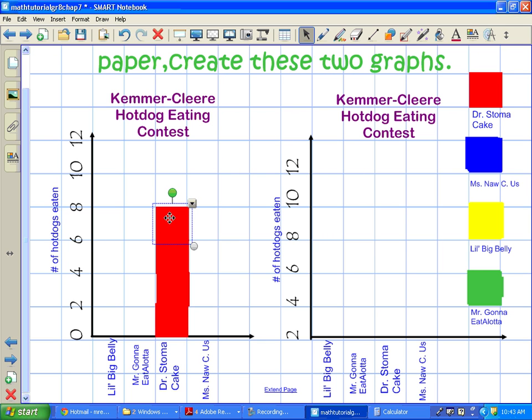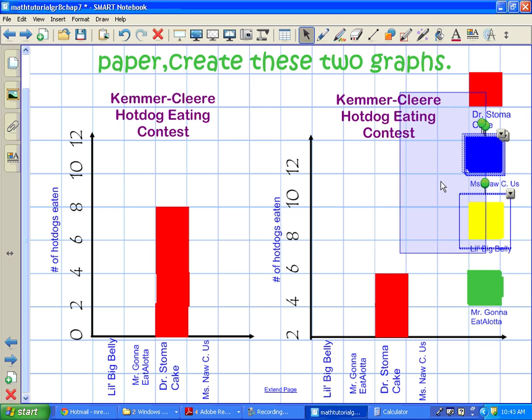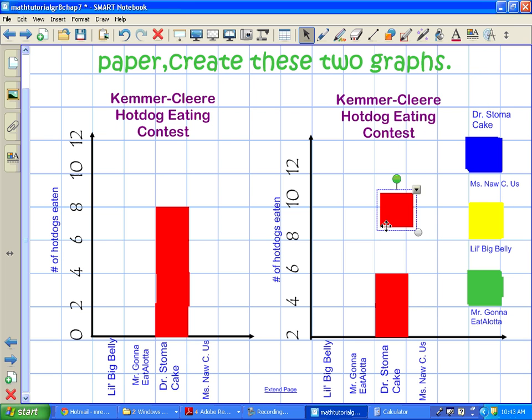Right there. Now watch what happens when I change my scale here and I start at 2. I'm going to need the same amount, 8, but this time it's not going to look quite so high.